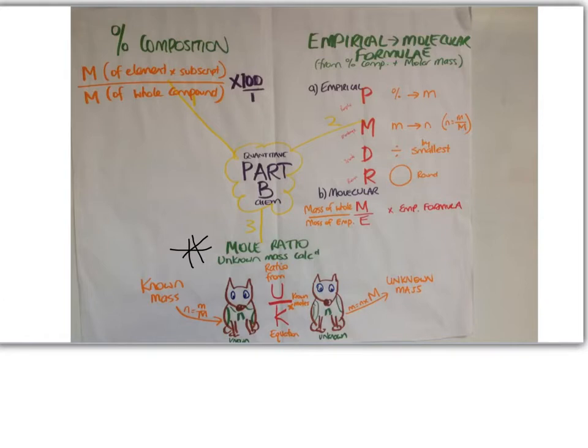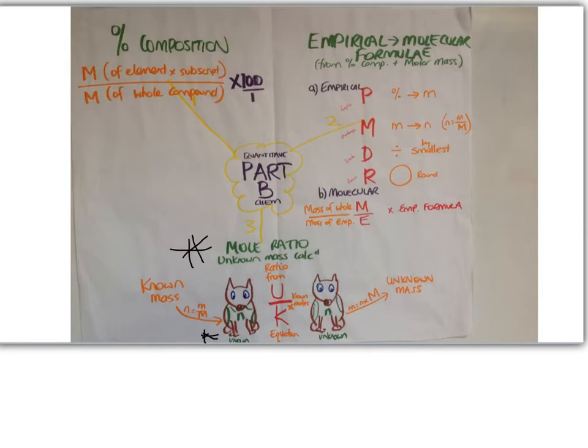We're using the mole ratio from an equation, similar to how we used it for our titration calculations, and we're applying that mole ratio to find out, given a known mass of something in the reaction, the amount of moles that mass is.